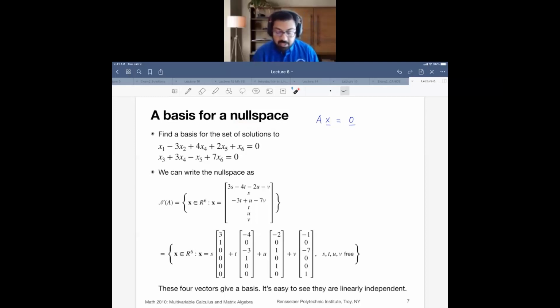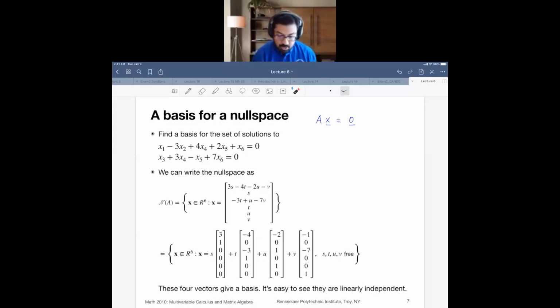Now essentially what we are trying to determine is what all x's will satisfy this. So whatever vector x over here satisfies this, can you represent that as a basis? Which means, can you represent that null space as the smallest linearly independent spanning set? Right, that's the question here.